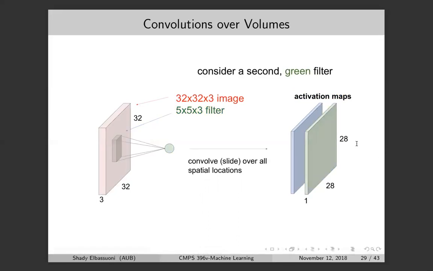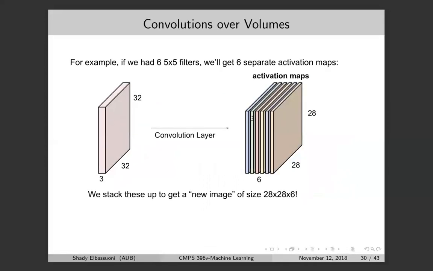Now I can apply another filter, a new set of weights, 75 weights, or 76 to be exact with the bias, the green one, and that gives me another activation map. And I can apply multiple filters. What typically happens in convolutional neural networks is you apply multiple filters, each one having its own set of parameters.